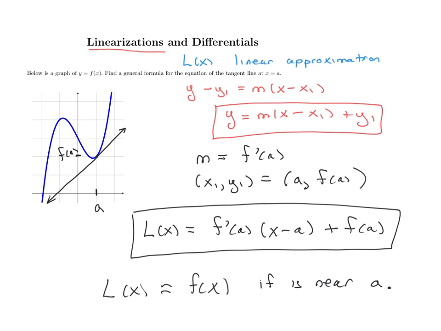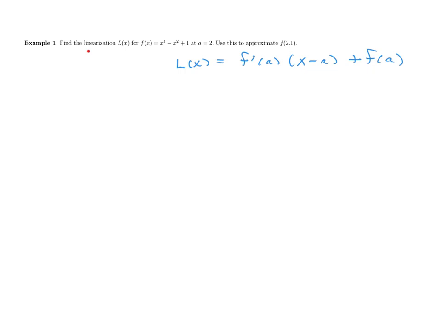Let's try this out in a couple of examples. In example 1, I want to find the linearization, L of x, for the function f of x is equal to x cubed minus x squared plus 1 at a is equal to 2. But then we'll use this to approximate the function at 2.1, and 2.1 is pretty close to 2.